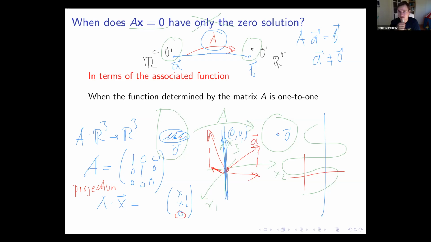What's the image of that vector? It's a line just through the x3. Well, let's check. If you multiply matrix A by vector 0, 0, 1, what are you going to get?